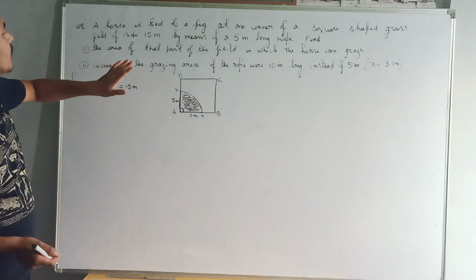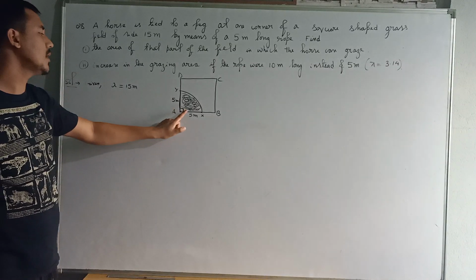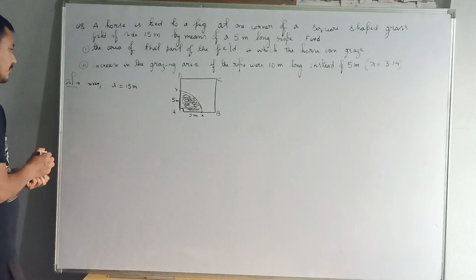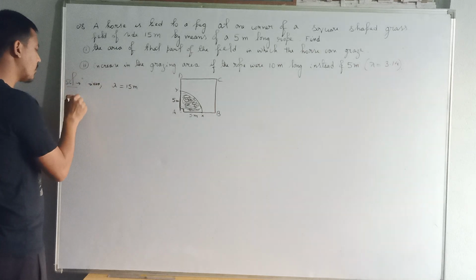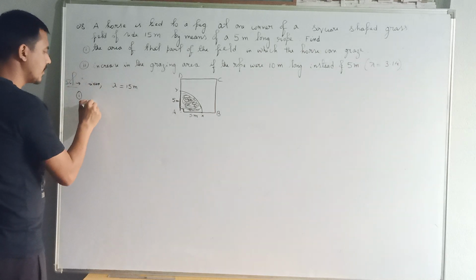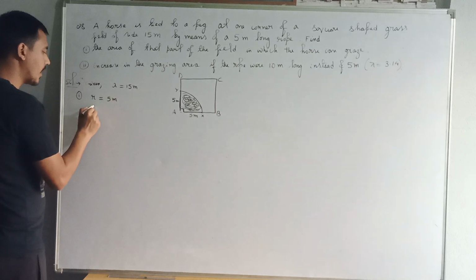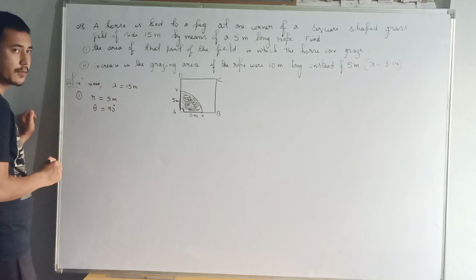So the area of the part of the field in which the horse can graze will be AXY, which is a sector. So we have the radius of the sector to be 5 meters and the angle of the sector theta to be equal to 90 degree.